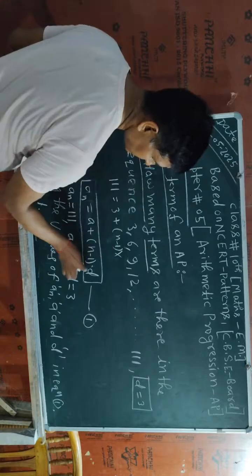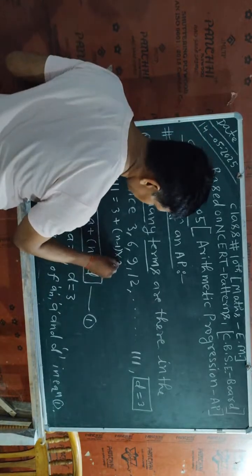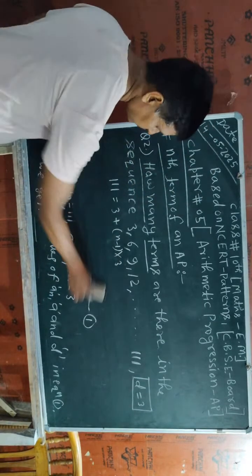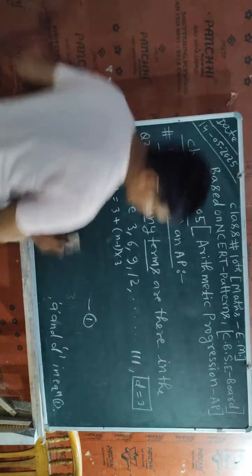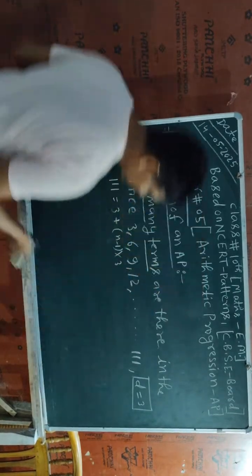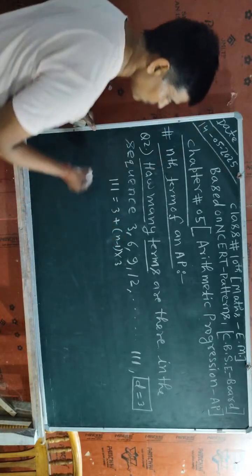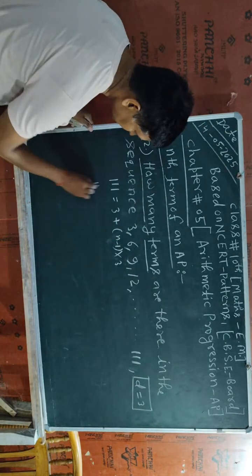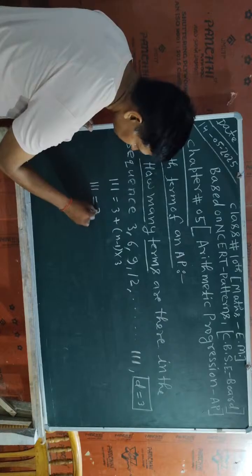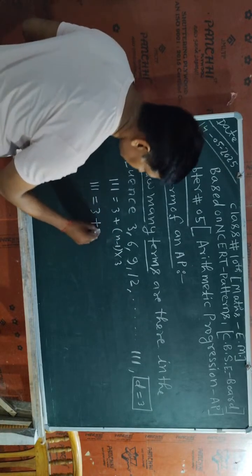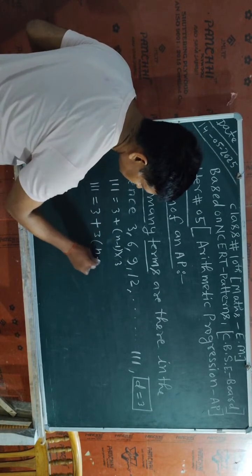And the value of this is equal to 3. So I will put here 3. Okay, student, now further I will simplify. After simplify, I will get the value of n, and that is the requirement of the question. So here I will say 101 minus 3 plus here I will write 3 into n minus 1.